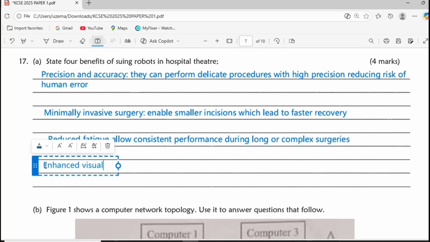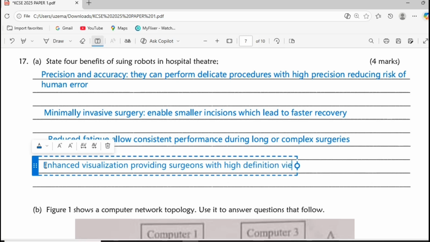Thirdly, robots also reduce fatigue because they can perform very long and complex surgeries. Under normal circumstances a normal doctor can get tired, and because robots are being used in this case, the problem of fatigue can be avoided.